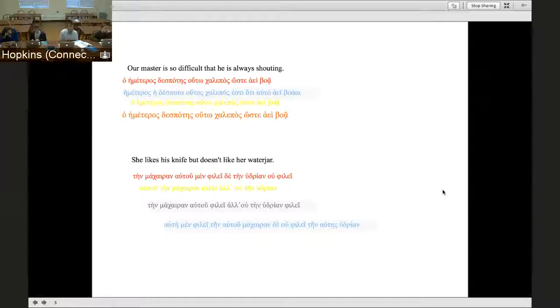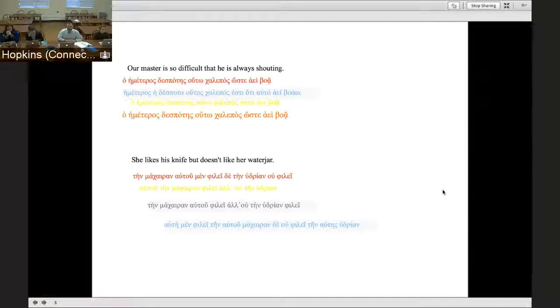Good. Now, autos and autou is one of the harder things to remember, because autos can be used like this, and it means his or hers. You put it in the predicate position in the genitive case. You want to say she likes his knife or whatever. It's somebody else's knife, not hers. Then you say autou, and you put it in the predicate position.